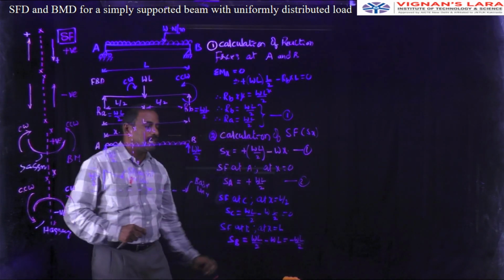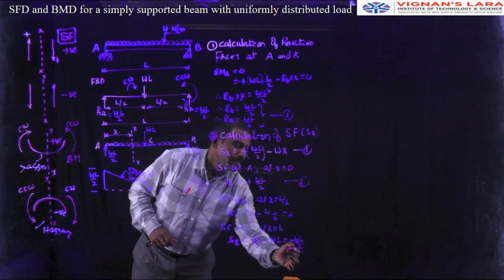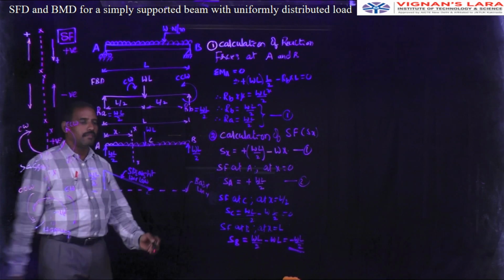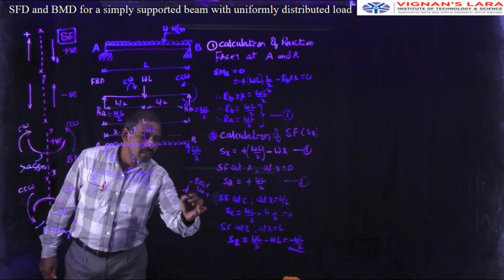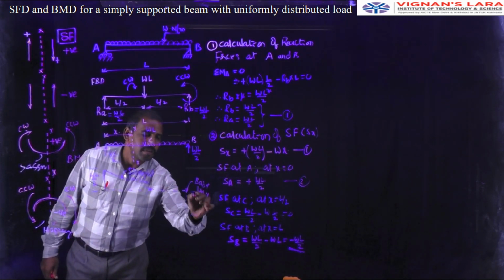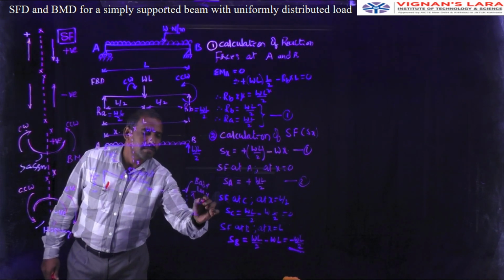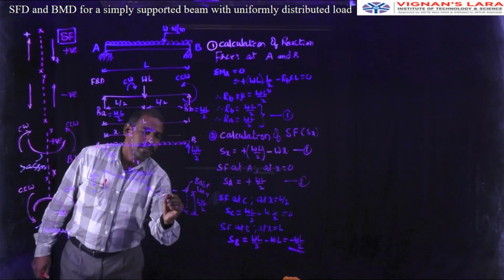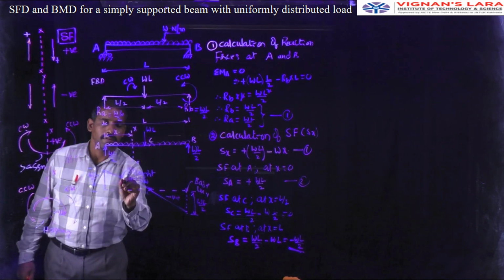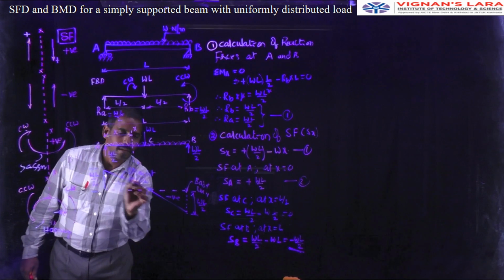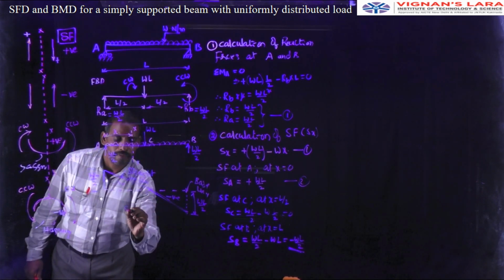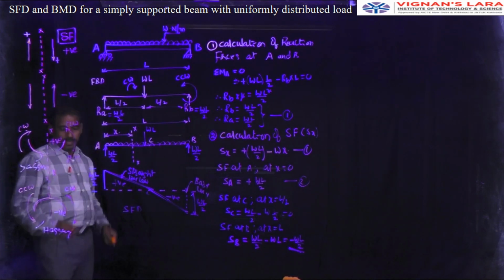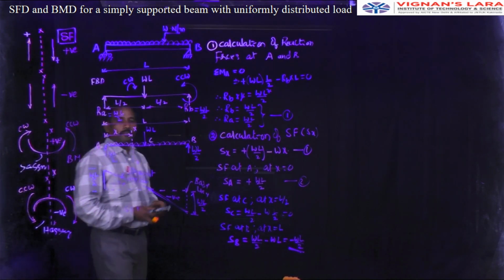What about the shear force at B? That is minus WL by 2. So definitely you have to take the WL by 2 below the baseline. So this is negative, this is positive. This is the shear force diagram, SFD for this case.